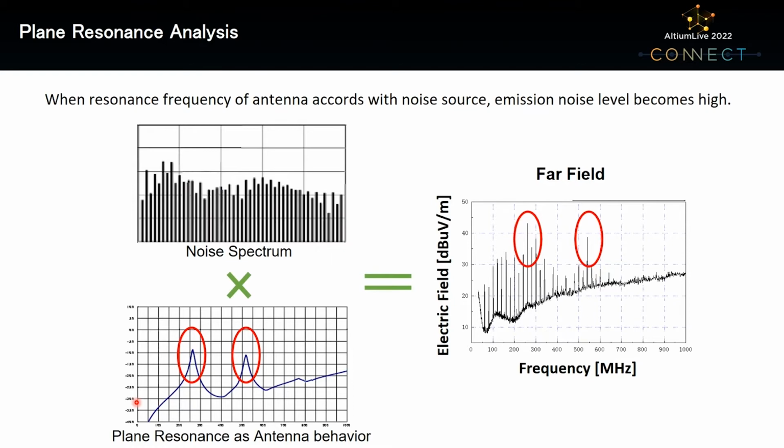Regarding the antenna factor, a pair of power and ground plane is one of the large antenna in PCB, and its factor is controllable. Therefore, it is important to calculate the resonance frequency in advance and reduce radiation efficiency as a patch antenna at layout design stage.